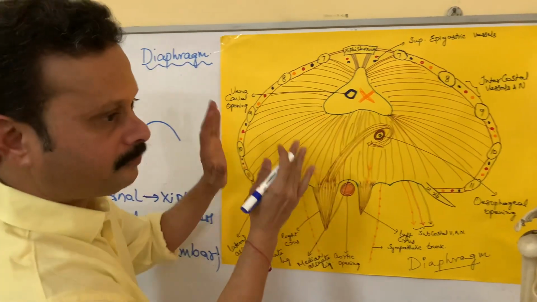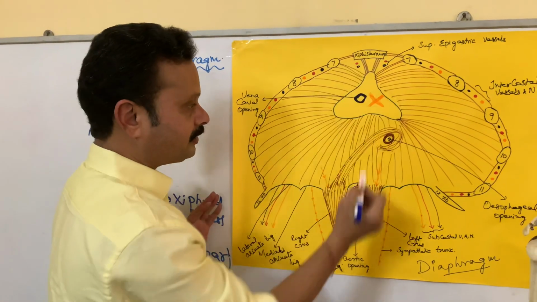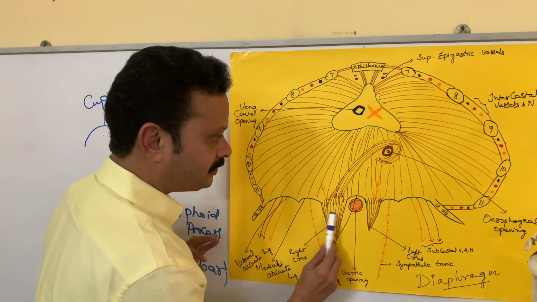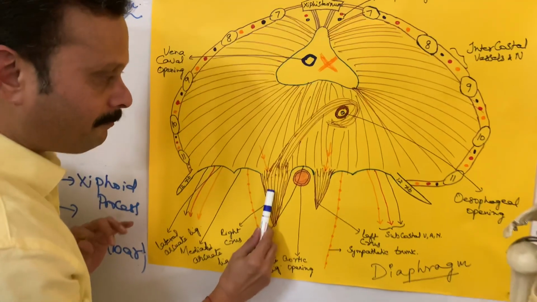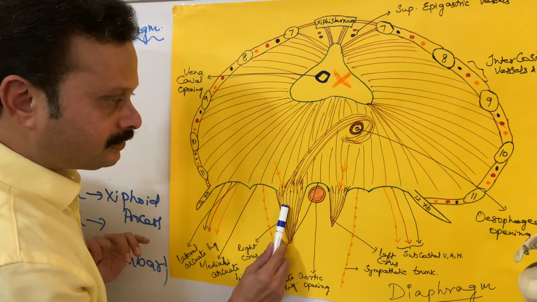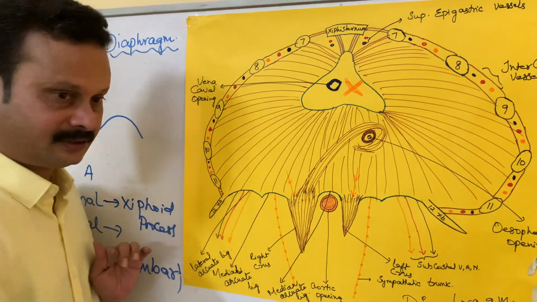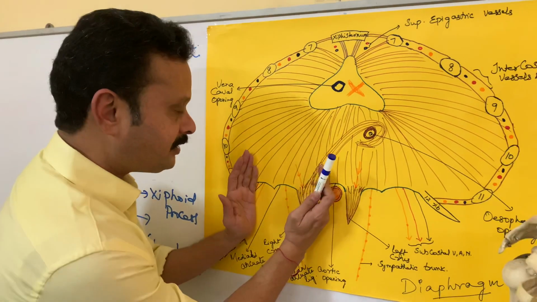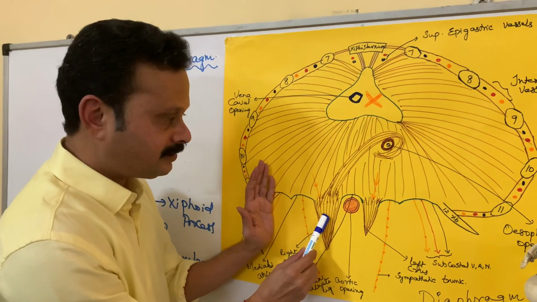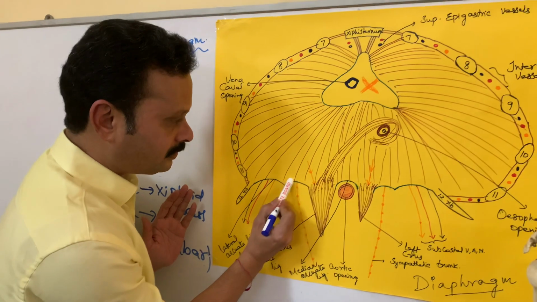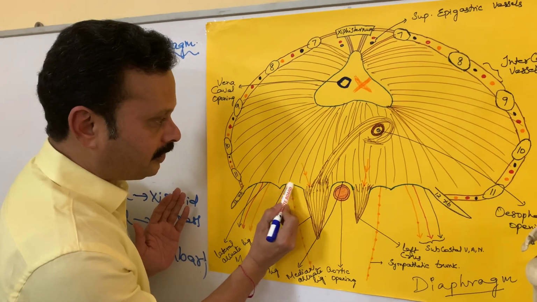You are seeing it from below, and this is the anterior aspect, this is the posterior aspect. From a pair of crura, individually, this is the right crus and this is the left crus. So on each side it takes origin from the crus, and this one is the medial arcuate ligament.